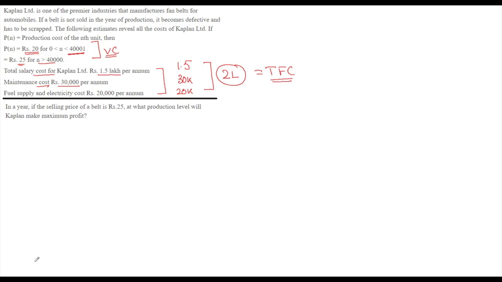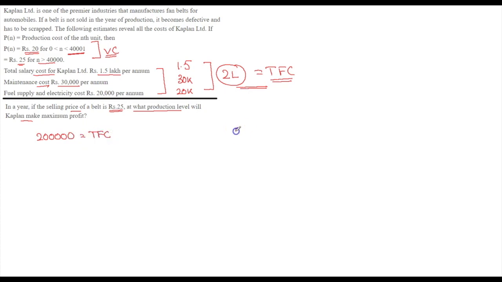Now in a year, if the selling price of a belt is rupees 25, we need to check at what production level will Kaplan make the maximum profit. Now understand that the total fixed cost is equal to 2 lakh rupees, right? So total fixed cost, that is 2 lakh rupees, is my total fixed cost.